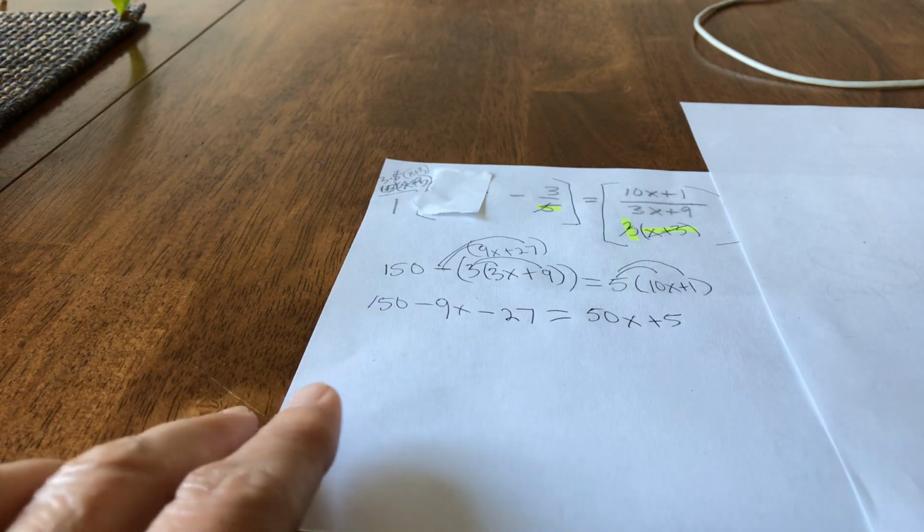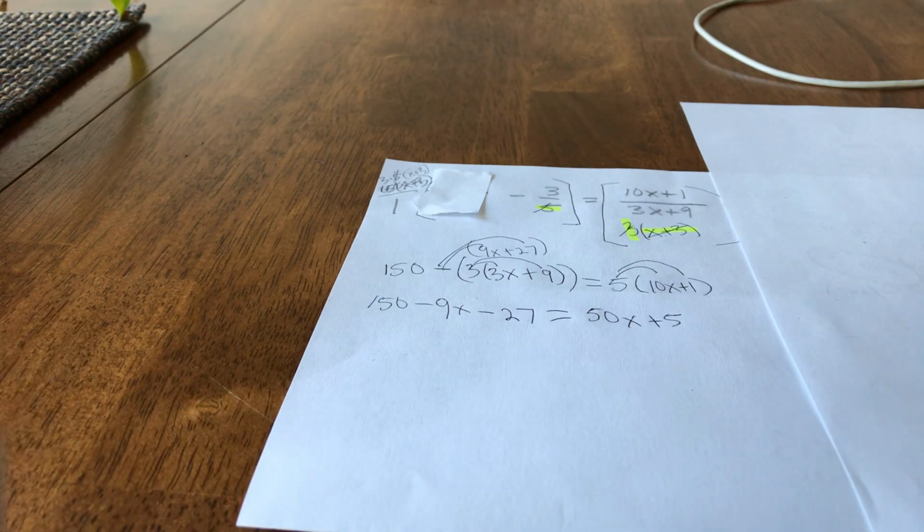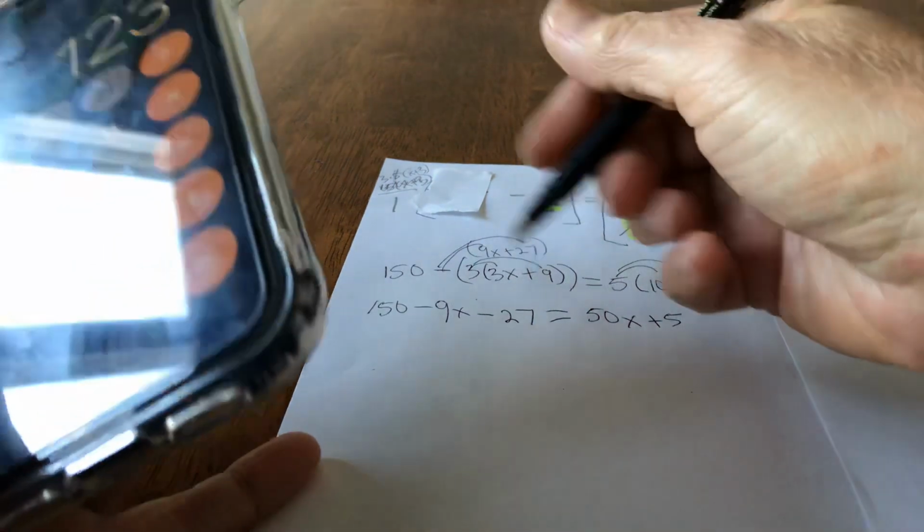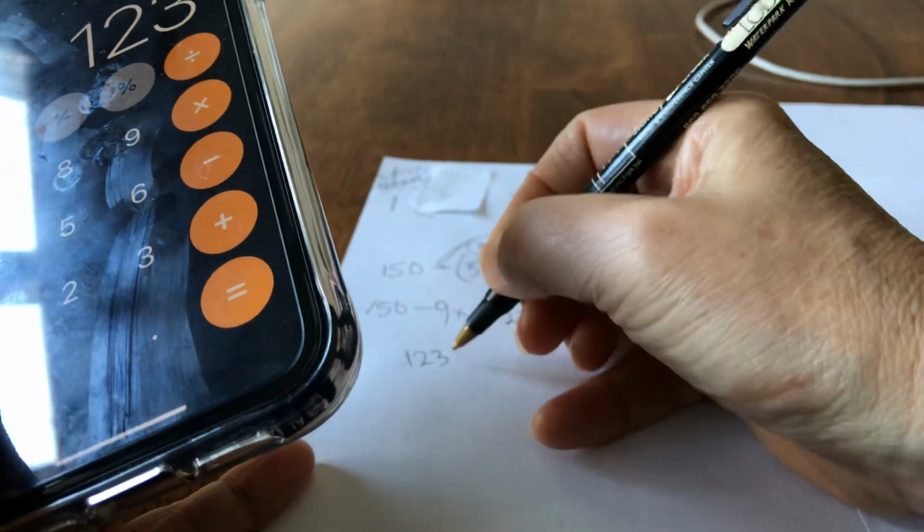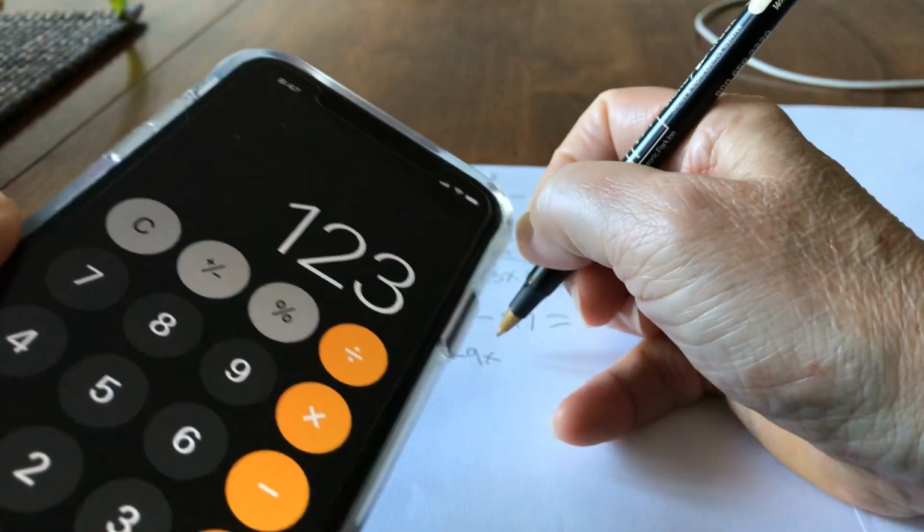Okay, so on the left, you are going to do 150 minus 27. I get 123.